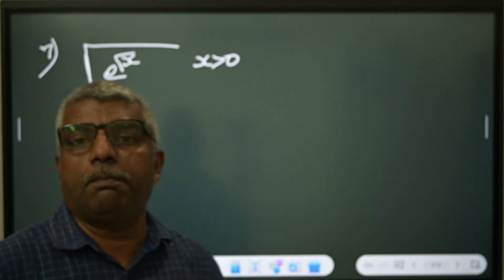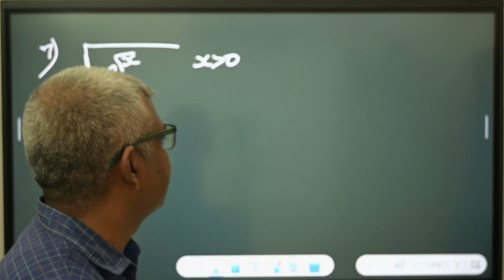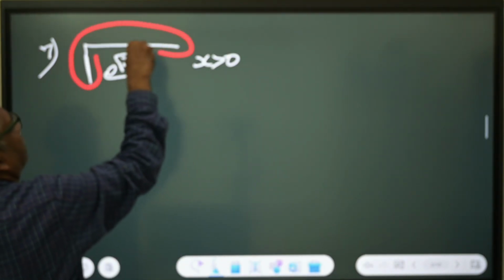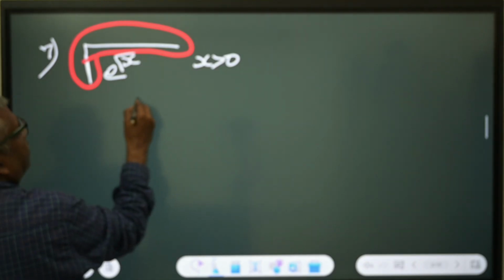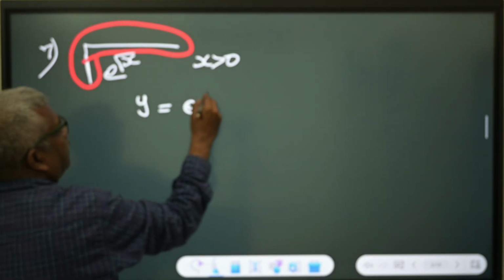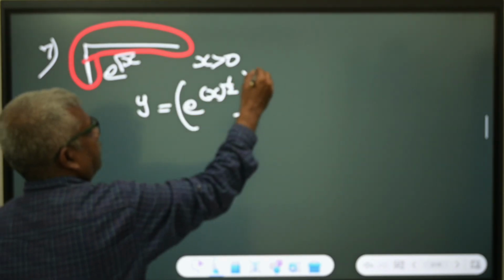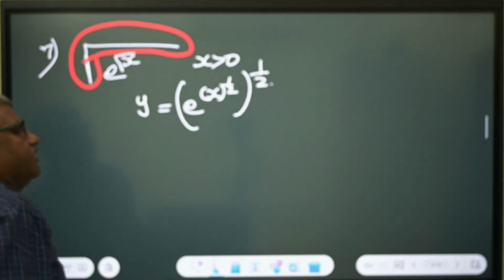Square root of e power square root x. First we have to differentiate this one. Let y equal to e power x power of, like this first you put.